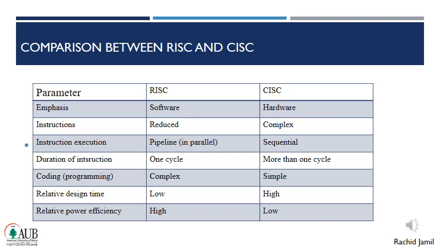While in CISC, the instructions are done sequentially because the instruction needs more than one cycle to be executed. However, because the emphasis in RISC is on software, coding or programming, RISC architecture requires more complexity, while in CISC it is more simple to program or code in high-level language.